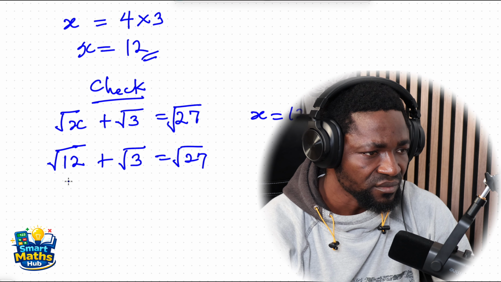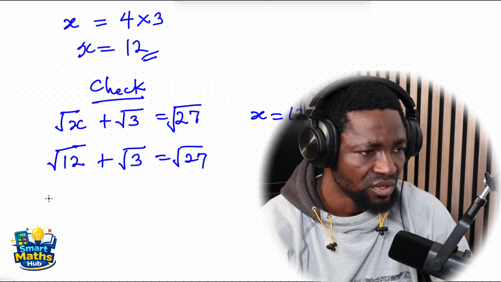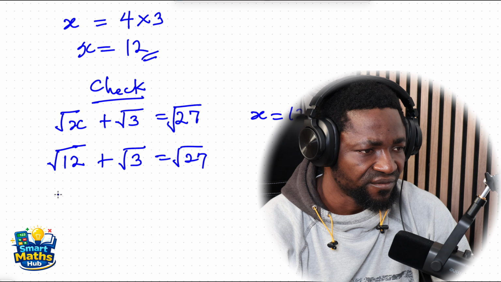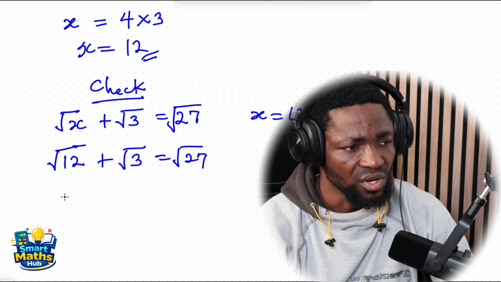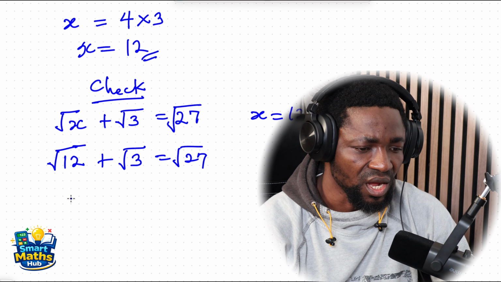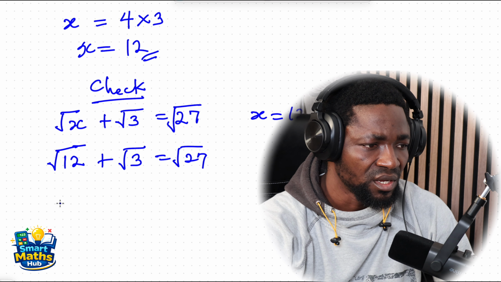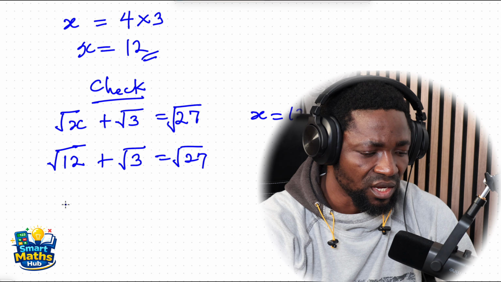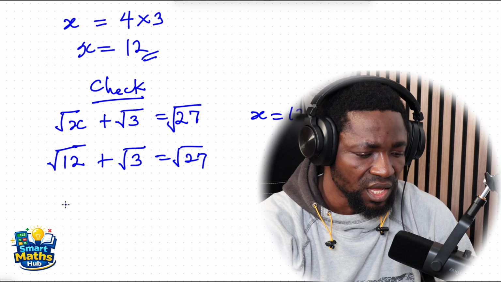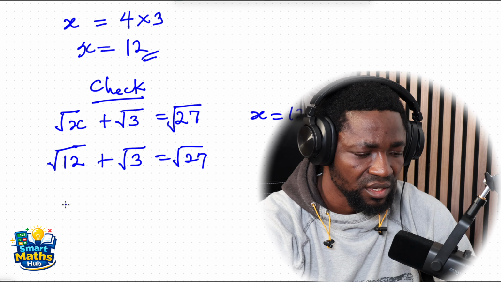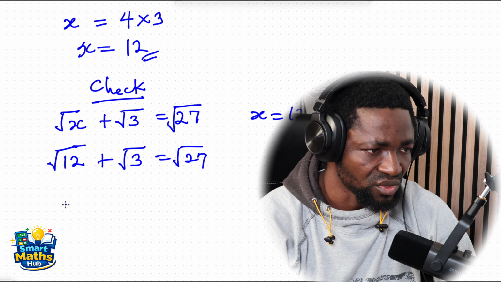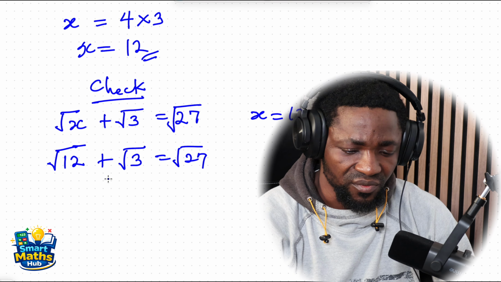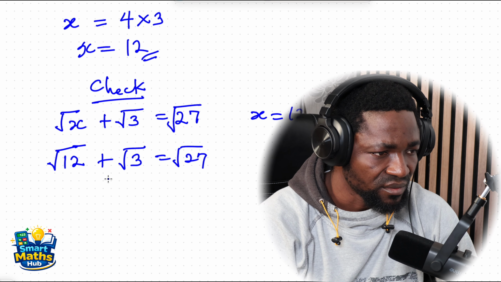If you press the calculator, square root of 12 is 3.5.